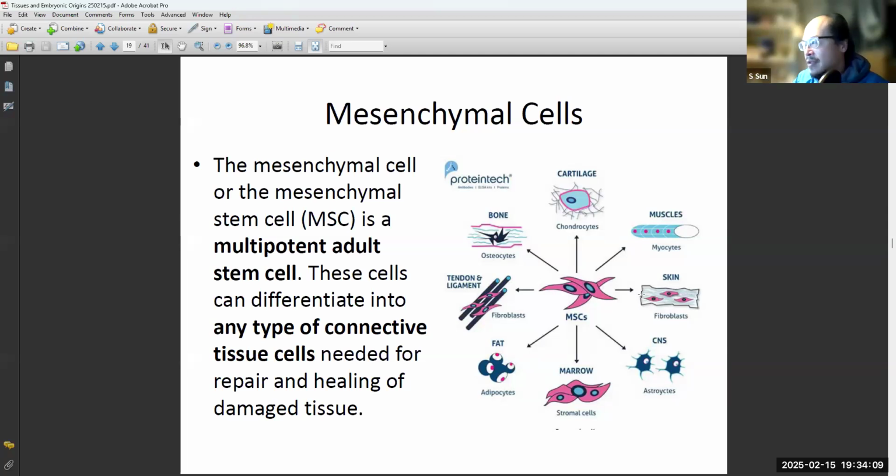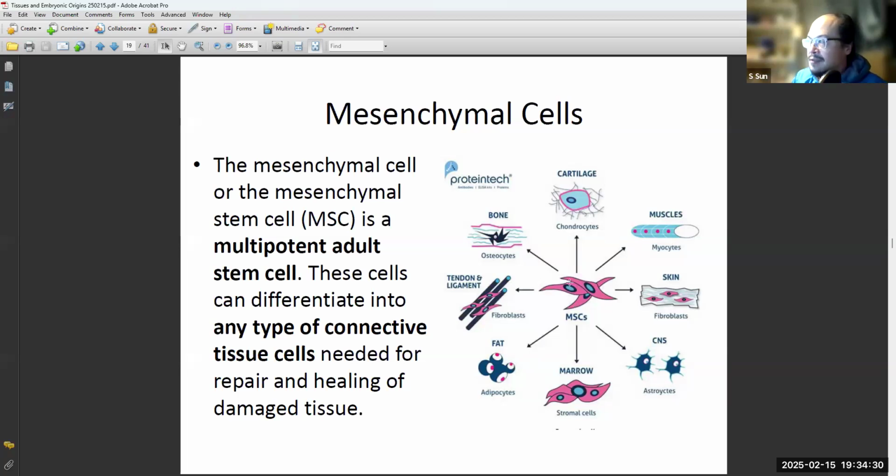So you see those there. They will produce collagen. And here is another collagen. You can see mesenchymal cells produce the muscle cells, and mesenchymal cells produce the chondrocytes. Chondrocytes are the cells inside of cartilage.